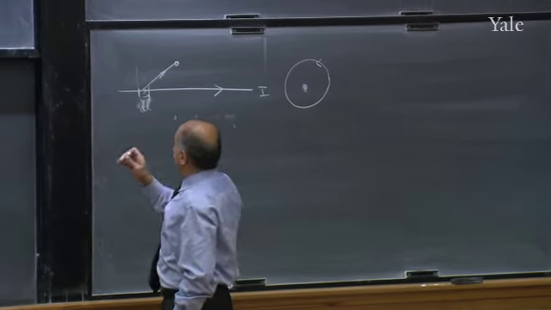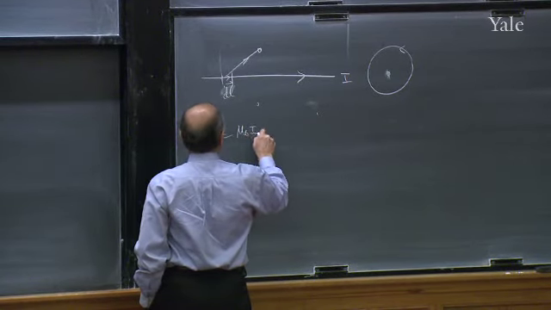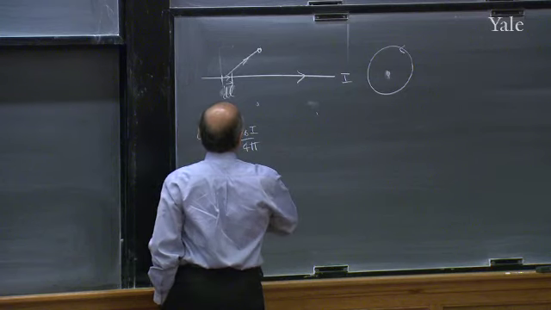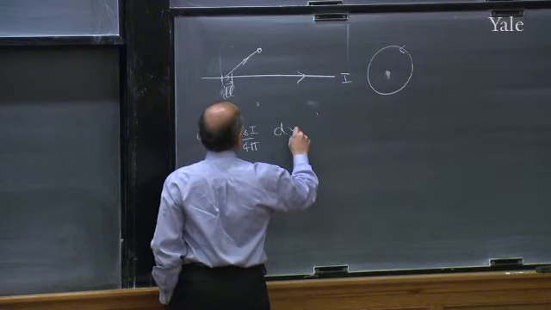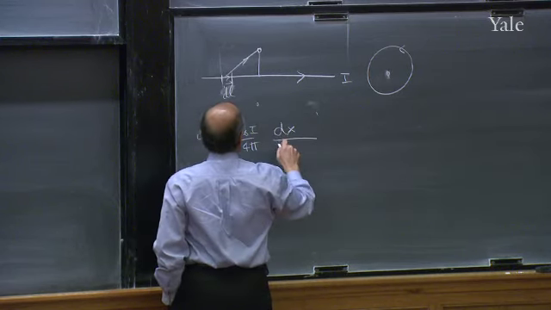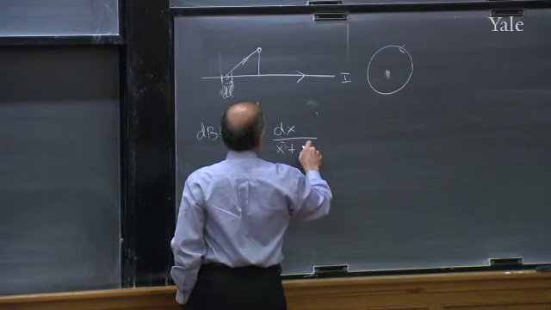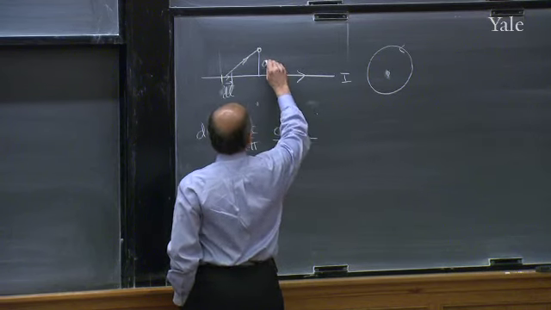So you go back to the famous law, dB equals mu 0 I over 4 pi times dl, which is just dx, divided by x squared plus a squared. Let's say the distance is a.